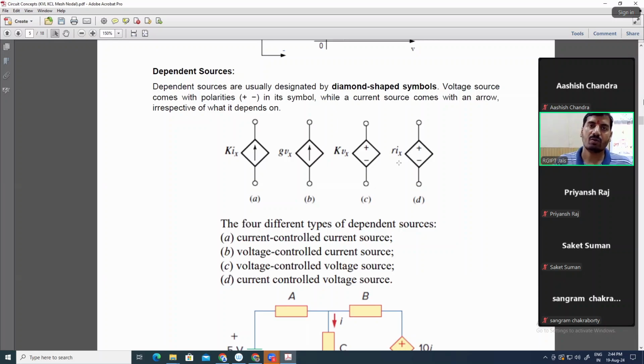So if the given sources are not depending on any other parameters, they are called independent sources. Sources can be voltage or current, you already know. But dependent sources will depend on the current through any branch or the voltage across any two terminals in the circuit.